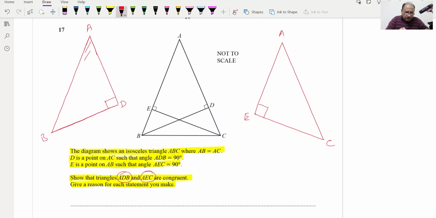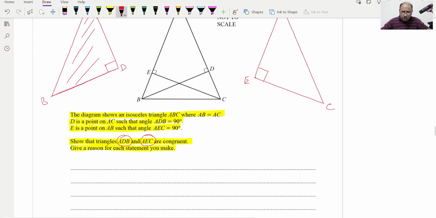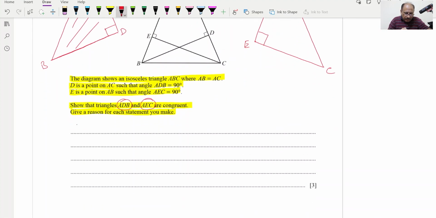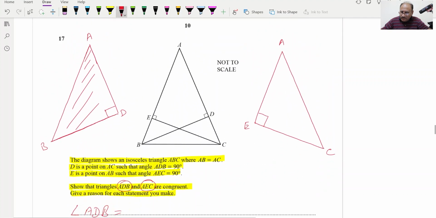In triangle ADB, one angle is 90 degrees, so we can say angle ADB is equal to angle AEC.